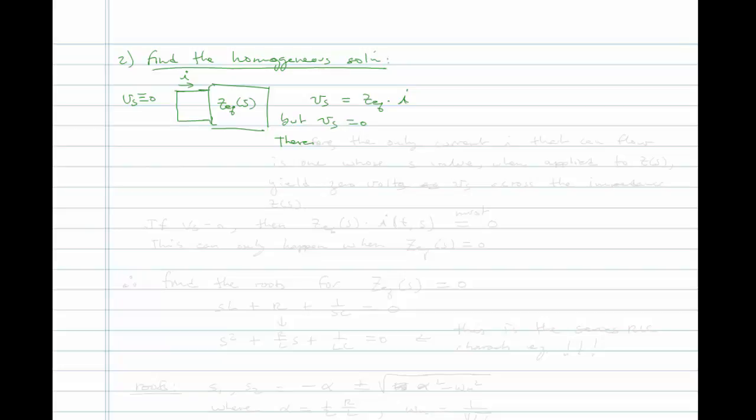So therefore, the only current I, and this is critical for understanding this step, the only current I that can flow is one whose s value, when applied to Z sub s, yields 0 volts Vs across the impedance. Okay? What am I saying?